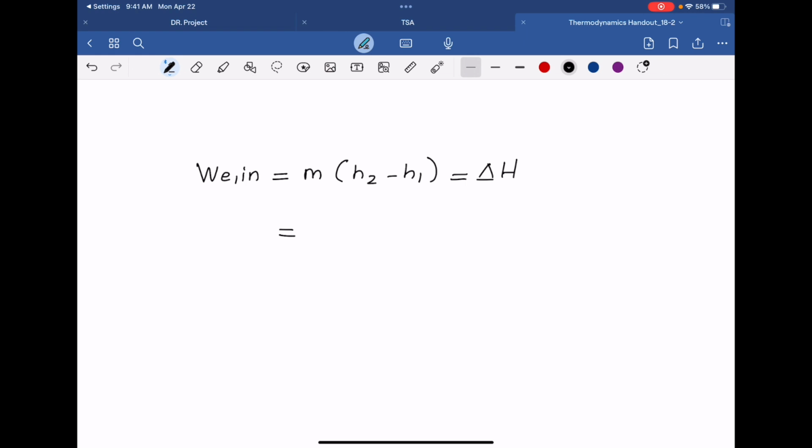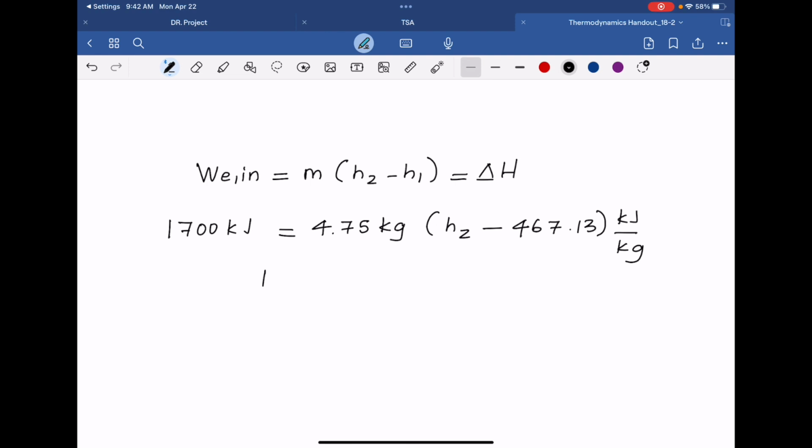And we know the electric energy, we know the mass, we are trying to figure out H2, and we know H1. Okay, so that means now we can solve it for H2, and it is going to be 825 kilojoule per kilogram.